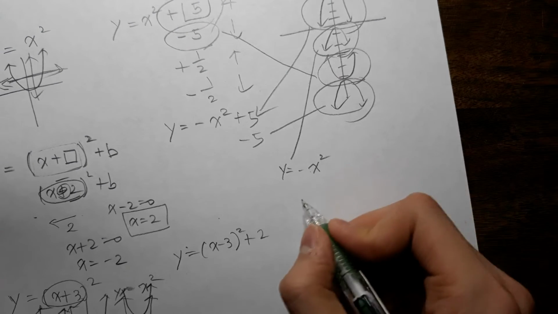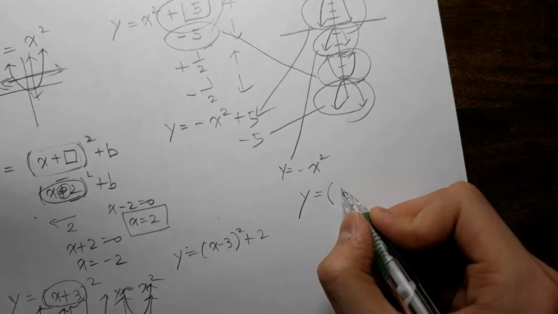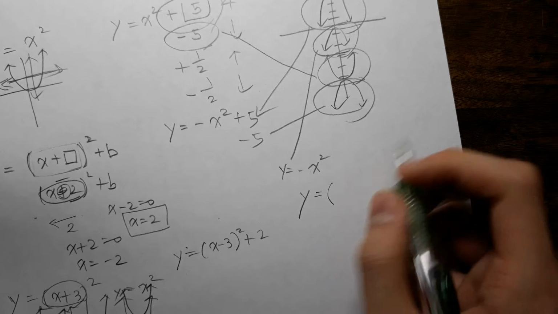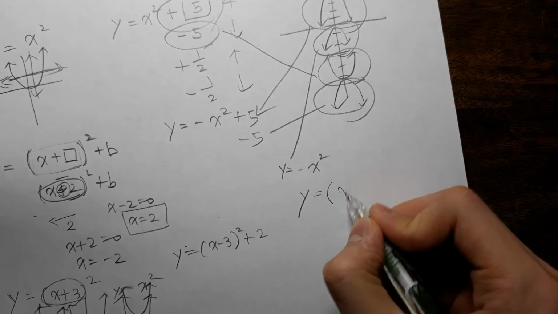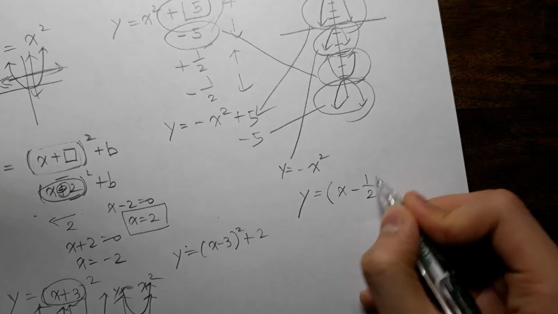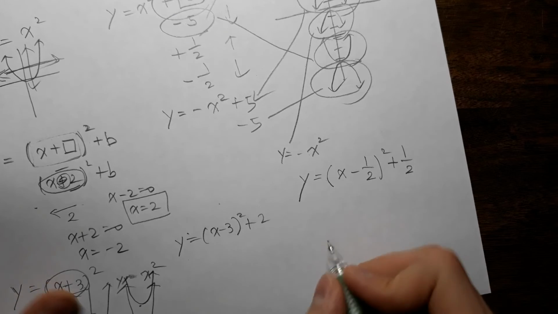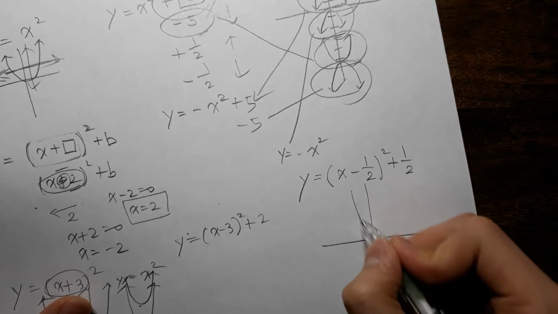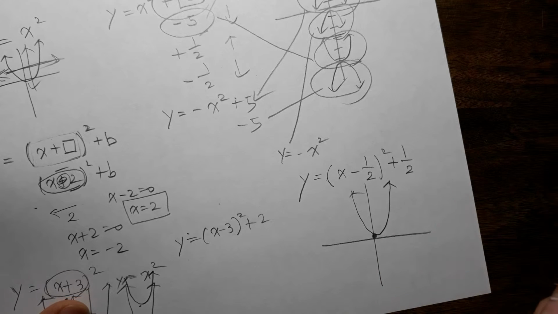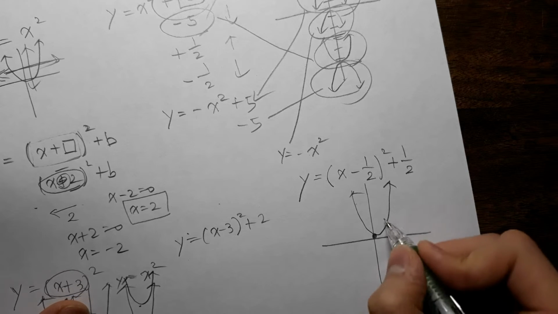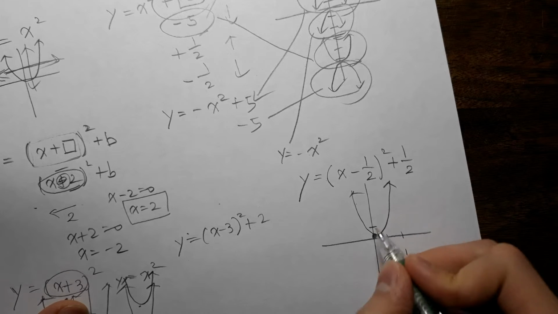Let's have a last example. What if it's like this? Okay, so this is the parent function touching the origin, and you go right 1/2, and this is 1, and plus 1/2.